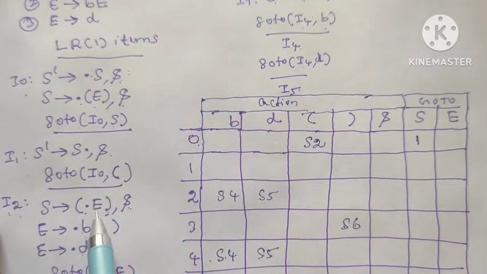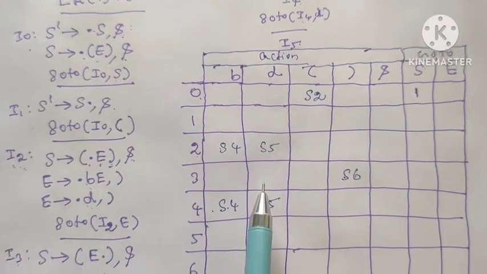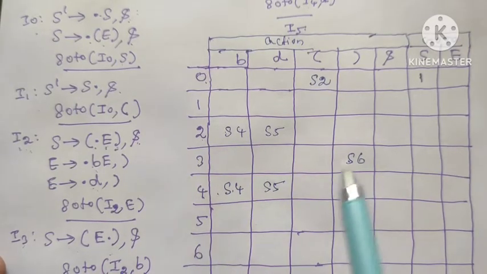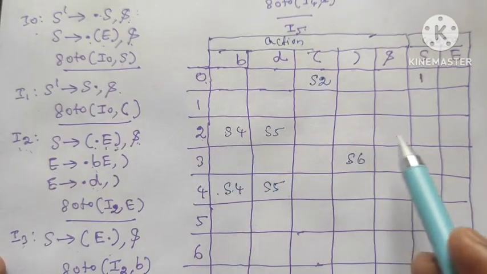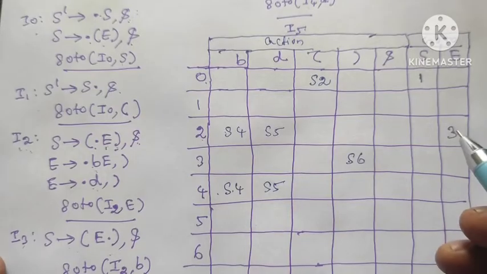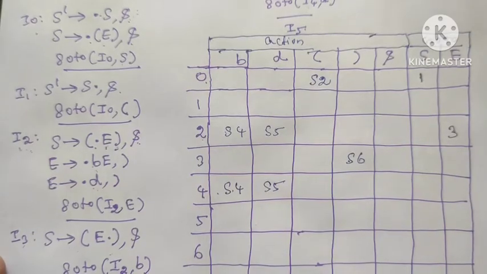Now in I2, the dot is before E. So go to of I2 comma E produces I3. So write it as 3. Now in I3 there is no dot before any non-terminal.